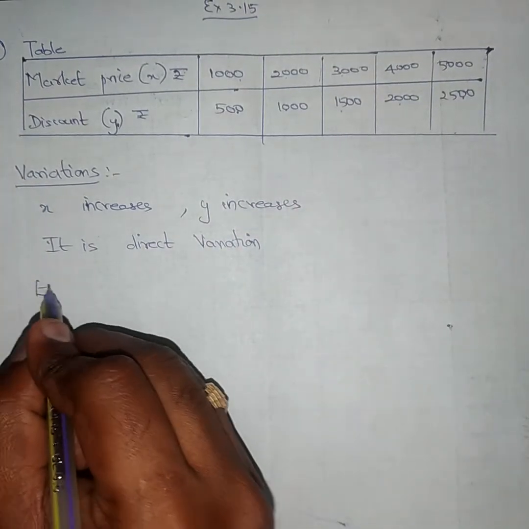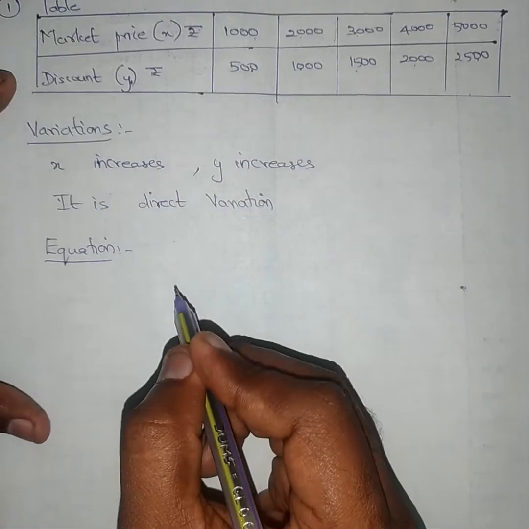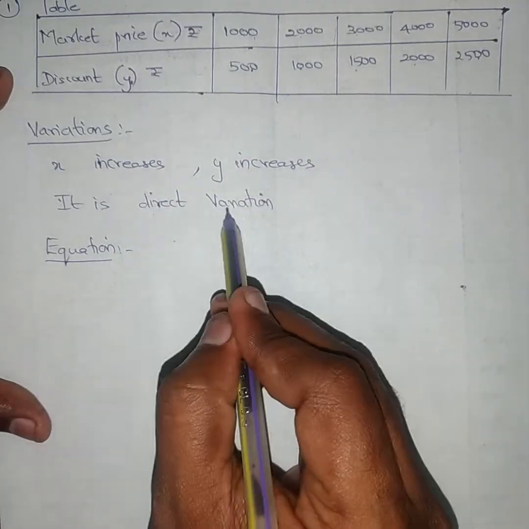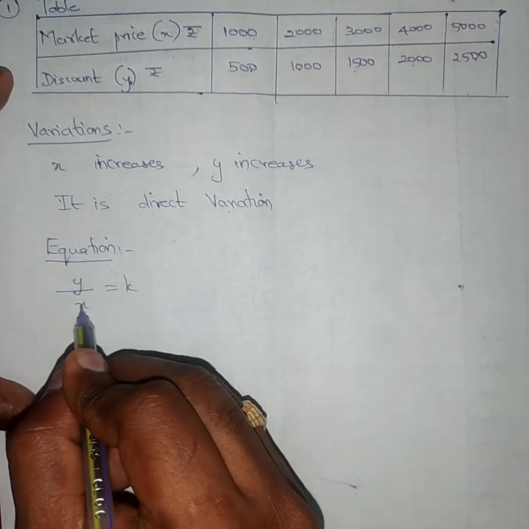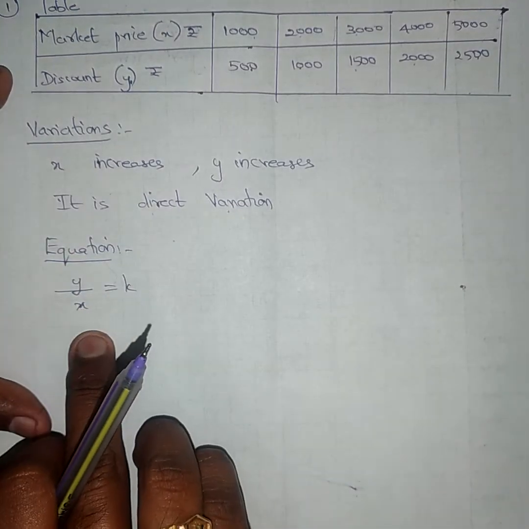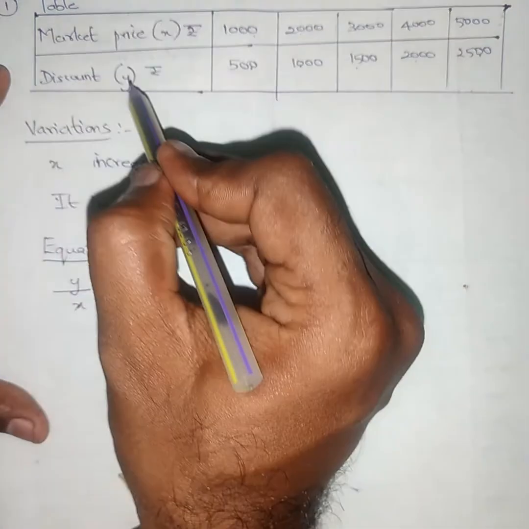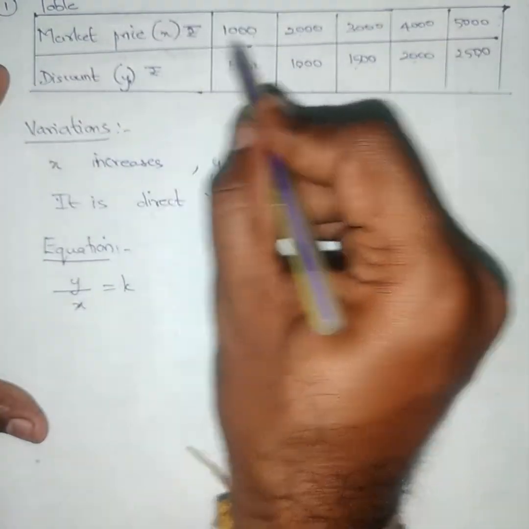After the variation, we need to write the equation. If it is a direct variation, the equation is y by x is equal to k. This is our format. Which one is y? These are y and these are x.